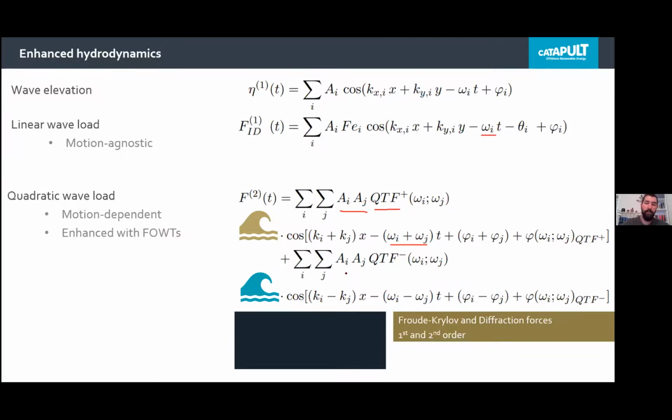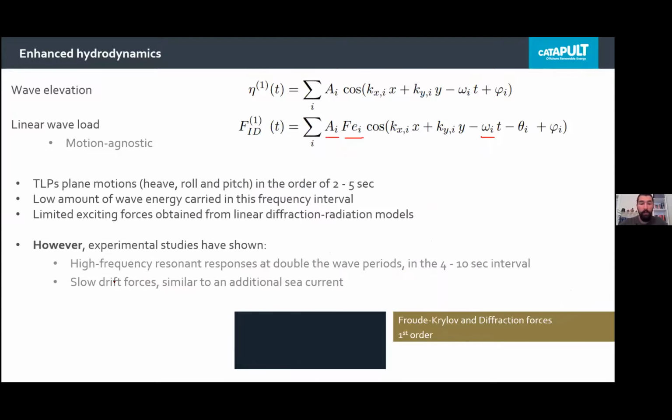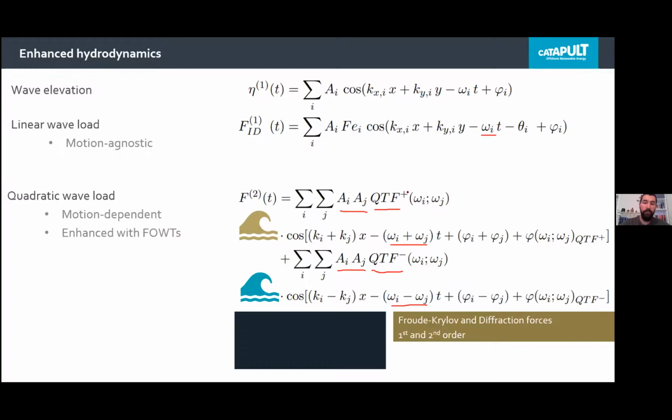The second part of the equation is the difference frequency QTF, again proportional to a certain load coefficient and the square of the amplitude. But in this case, we use the difference of two regular waves, 2 out of hundreds that can compose our irregular sea state. And this is exactly where the high frequency and low frequency loads stem from. It's from sum and difference frequency QTFs.